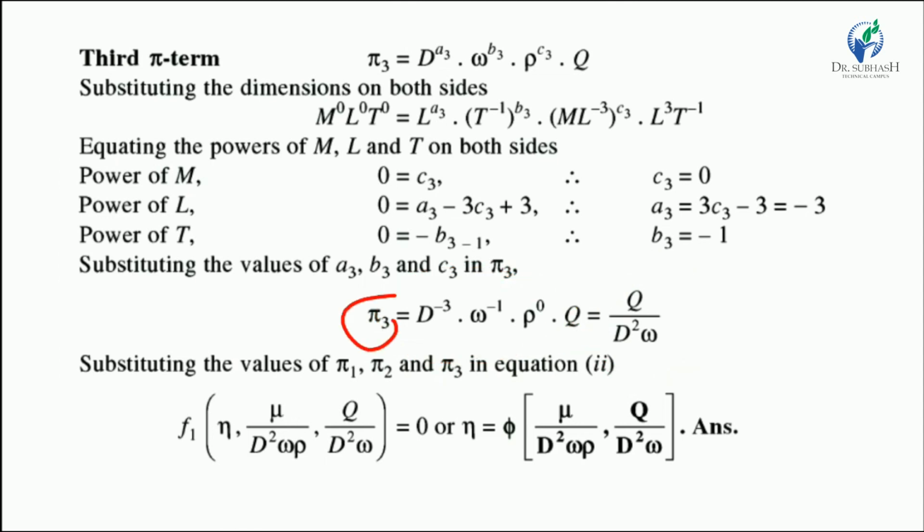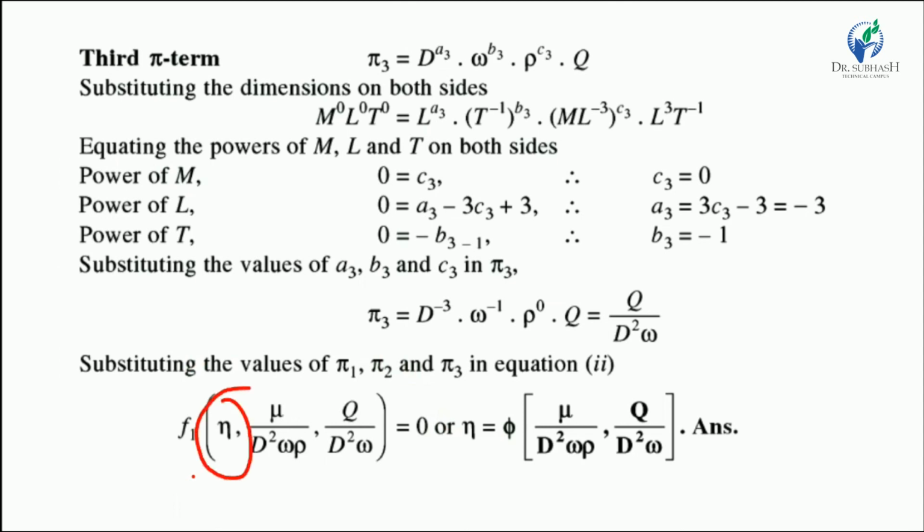So pi 3 is equal to Q upon d square omega. So all three pi terms we have found. The first equation is a function of pi 1, pi 2 and pi 3 is equal to 0. Putting the values, function of efficiency, mu upon d square omega rho, comma Q upon d square omega is equal to 0.